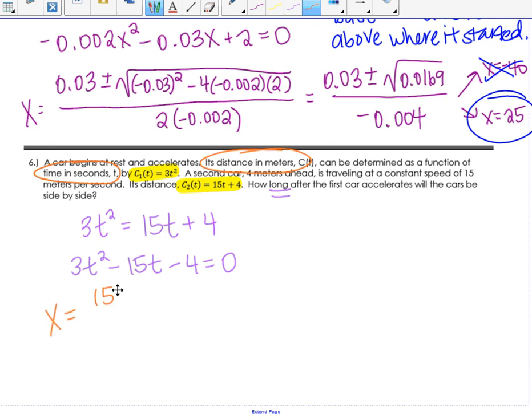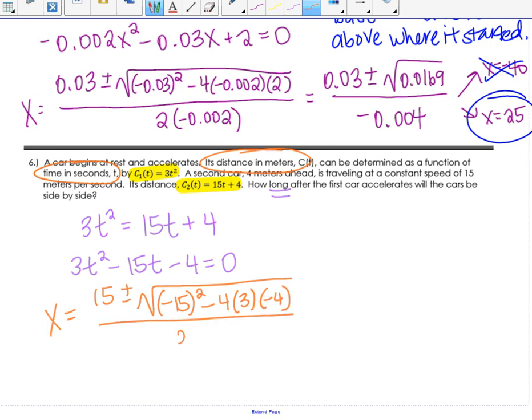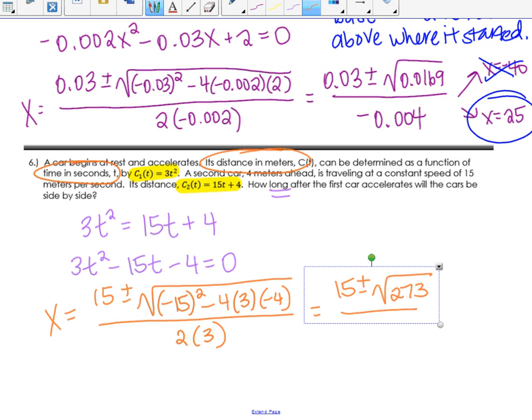So 15 plus or minus the square root of negative 15 squared minus 4 times 3 times negative 4 all over 2 times 3. Okay, so your discriminant ends up being, sorry about that, guys. You end up getting 15 plus or minus the square root of 273 over 6.